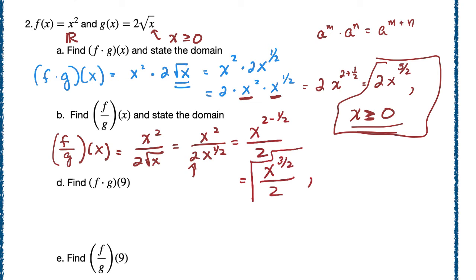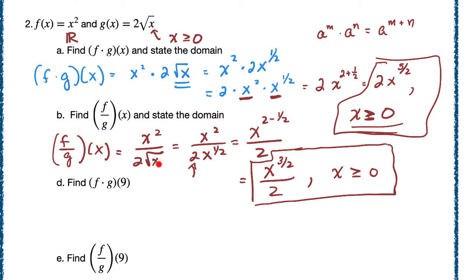And then lastly, our domain. Our domain is going to be the same thing again. X has to be greater than or equal to 0. Now there is one caveat we have to be careful of in our final answer. You'll notice right here when we set up this division, we actually put root x in the denominator because that's what g of x is. Well, right now we're saying it's legal to plug in 0 for x.